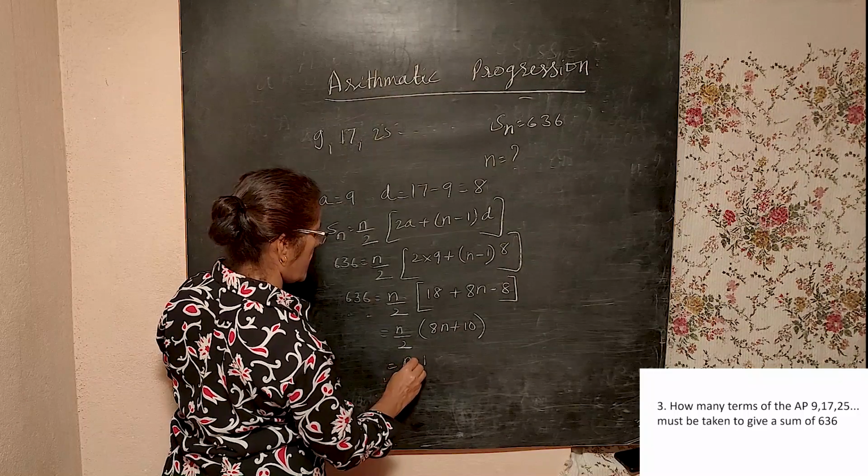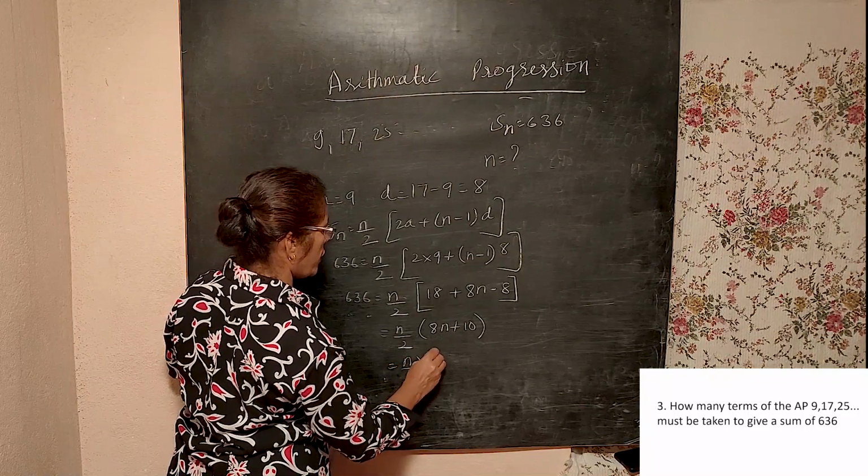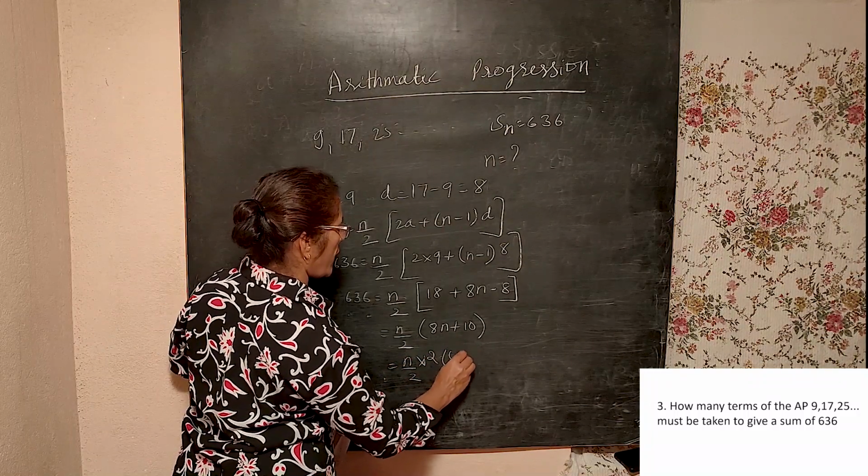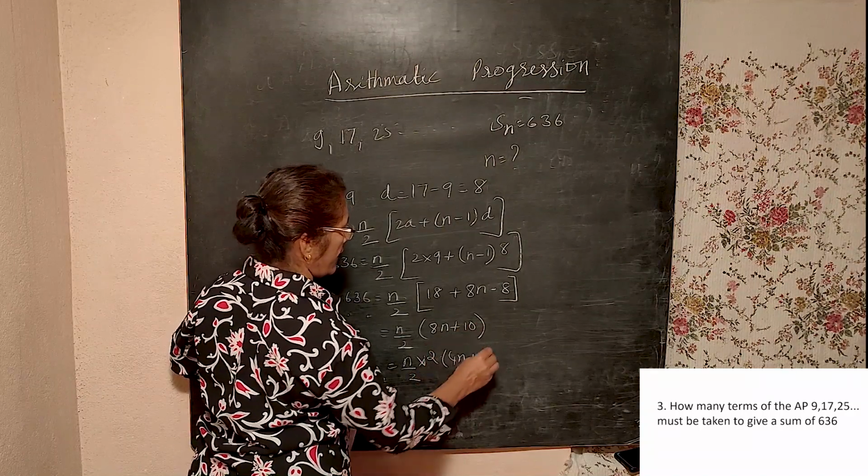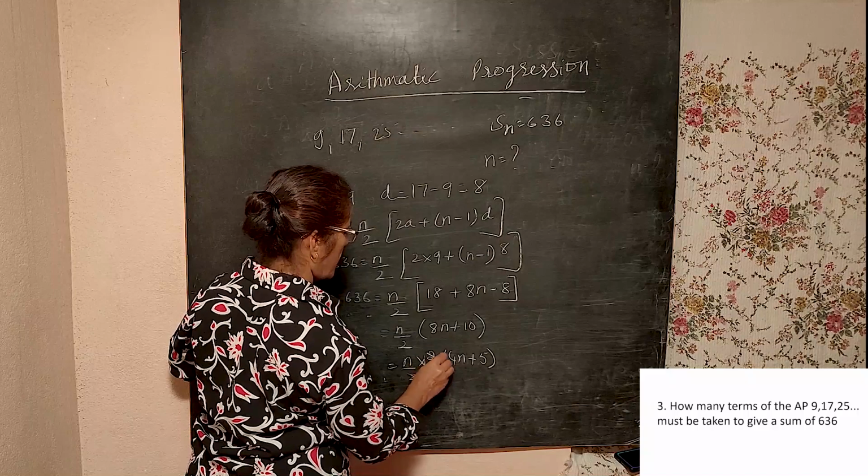Let me take out n by 2 into 2. What does it mean? 4n plus 5. 8 and 10, 2 is common.